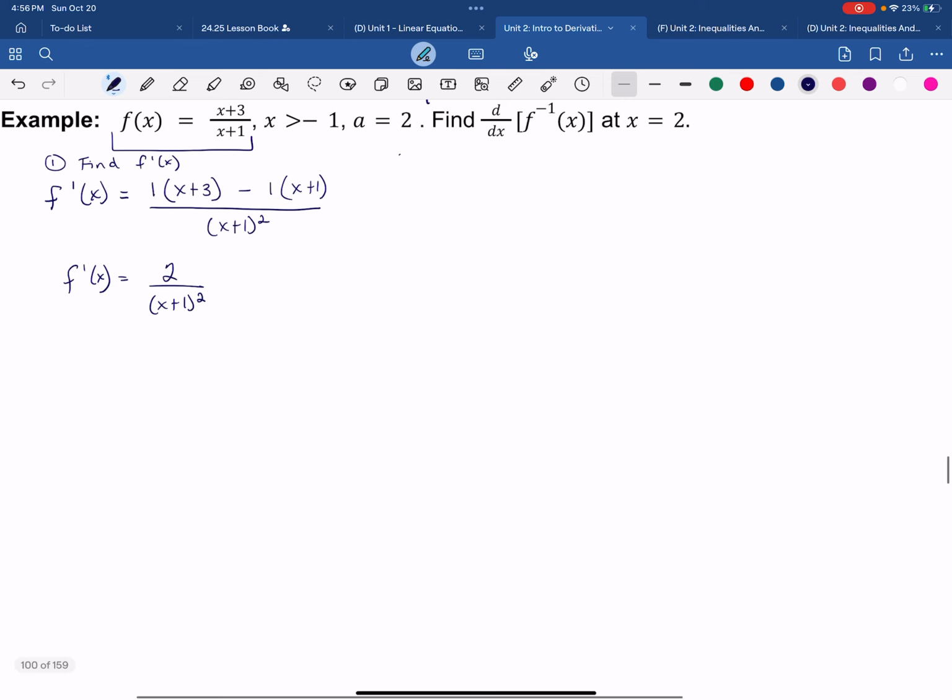My next step is going to be to determine partner points. So I'm going to make a table here. Again, I have x, I have y, I have my f of x function, and I have my f inverse of x.